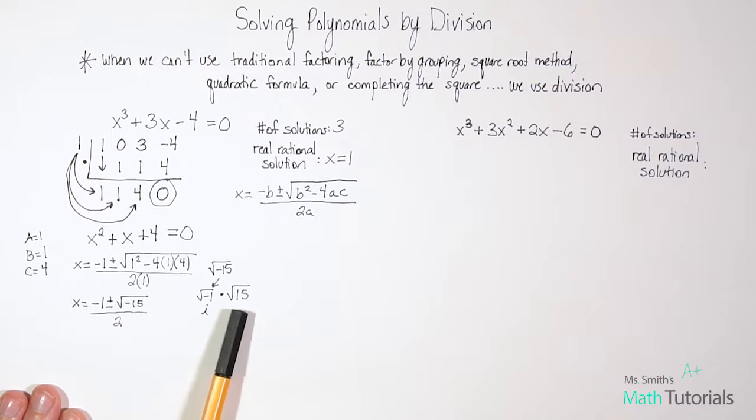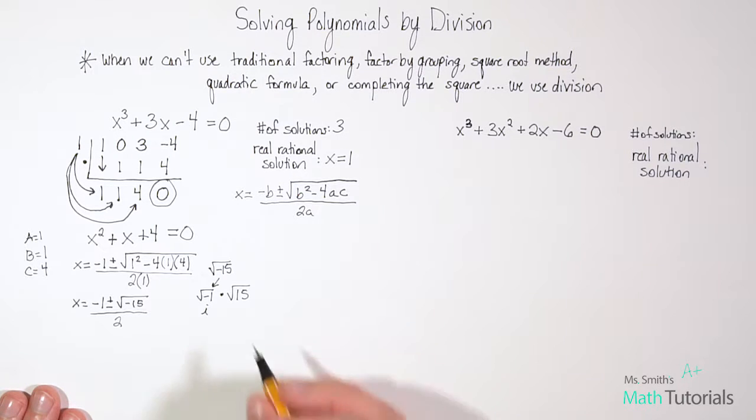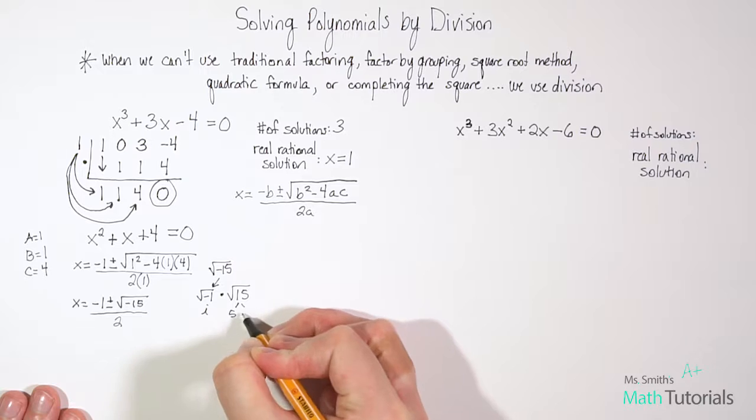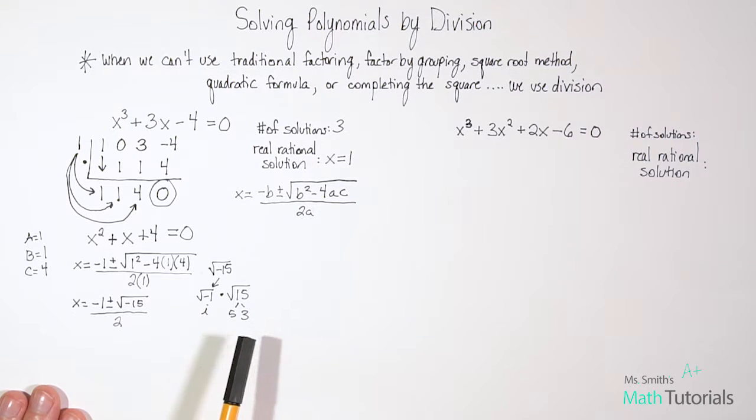We would want to check 15 to see if we could simplify that radical. If you need a little refresher on that, definitely watch my video on simplifying radicals. 15, the only factors that go into it are 5 and 3. We don't have any pairs there, so we can't simplify that radical any further.